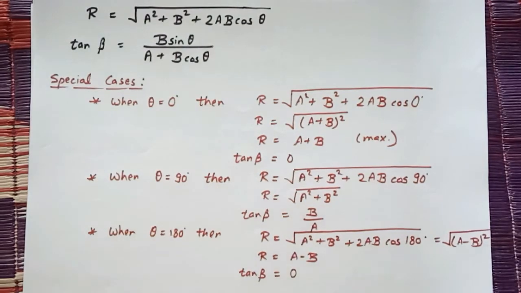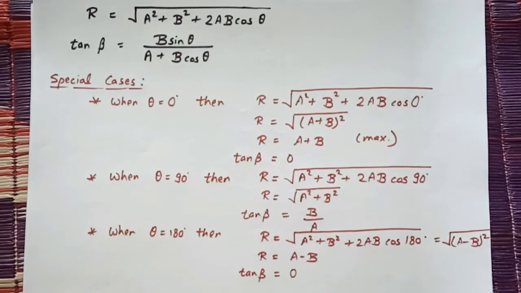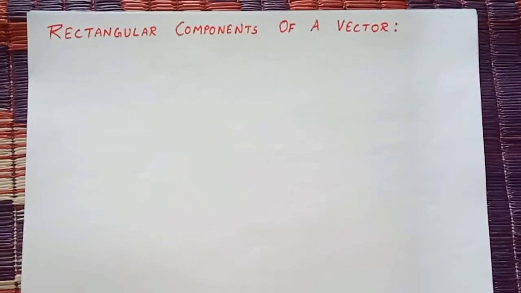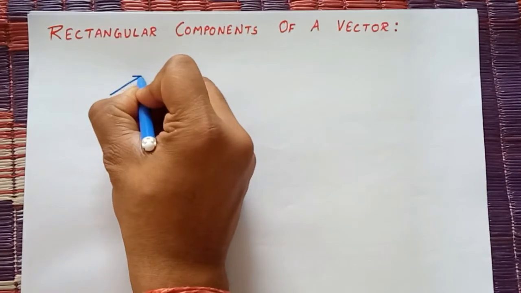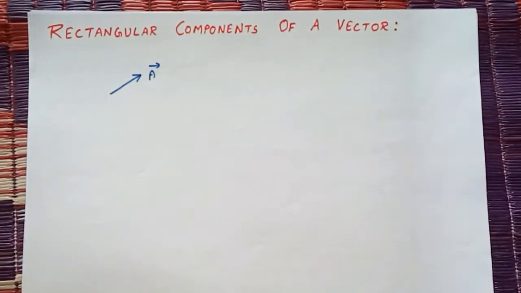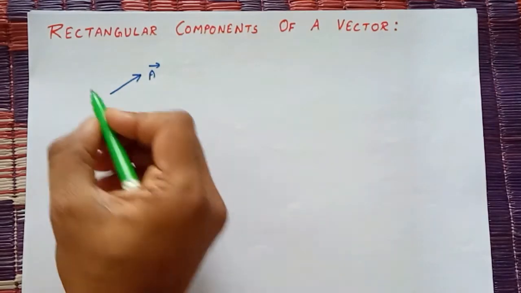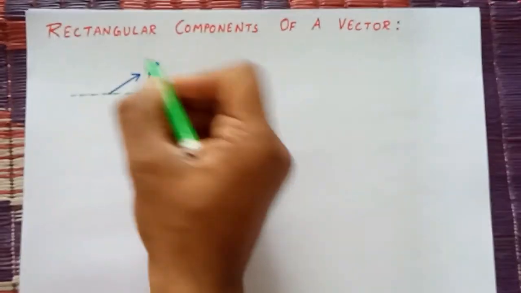So these are the special cases when the various angles are given. Now we are talking about the rectangular components of a vector. See, if this one is A vector, then I can make its two components, the first one horizontal and the next one vertical.